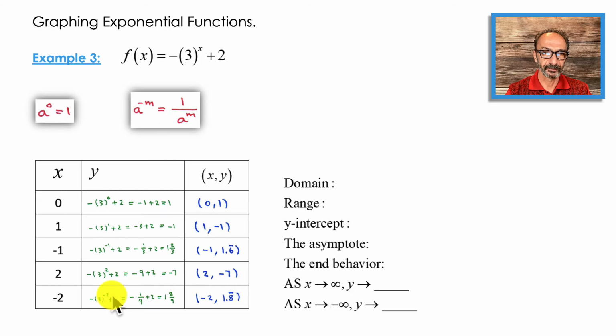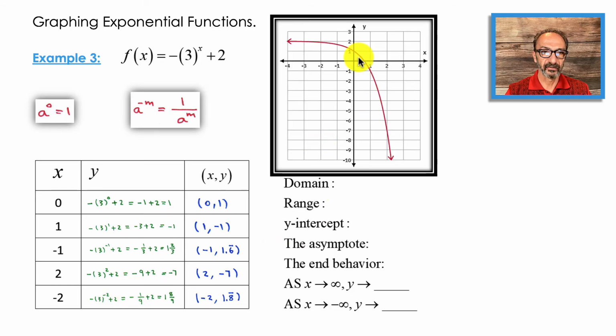Here's the graph. So we do have 0, 1. We have 1, negative 1. That's right there. And I do have 2, negative 7. That's right there. That's good enough. Domain, or real numbers again. Range, since we are below 2, because we're always deducting some amounts from 2.